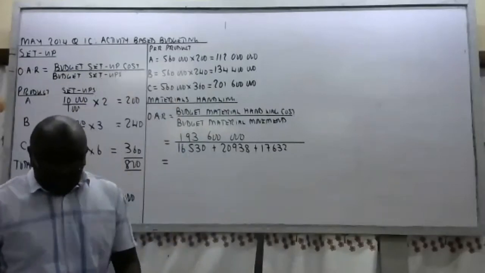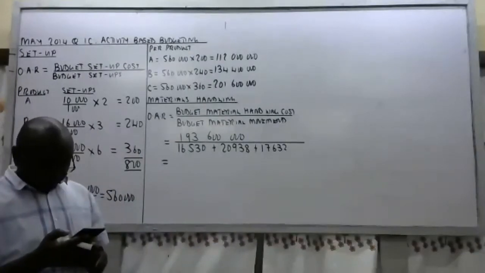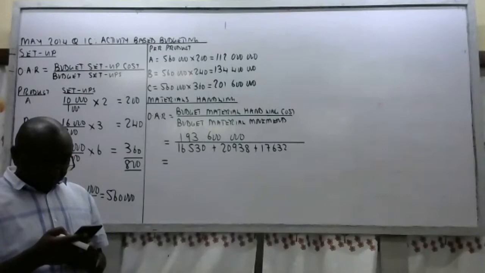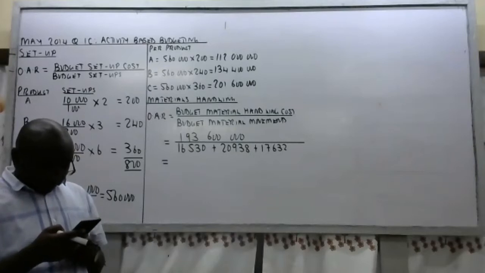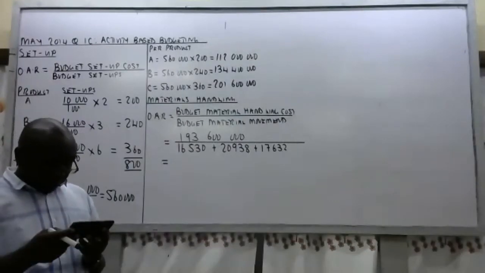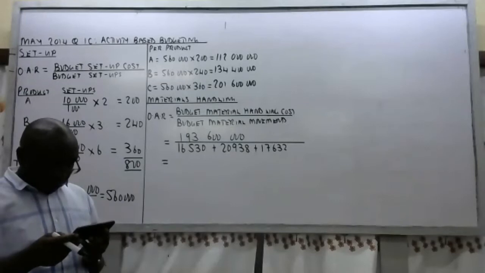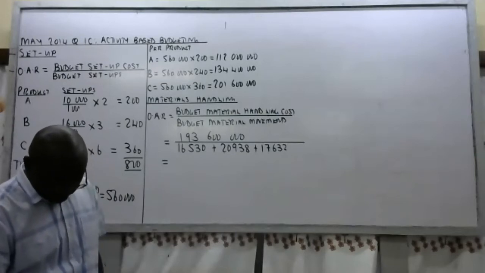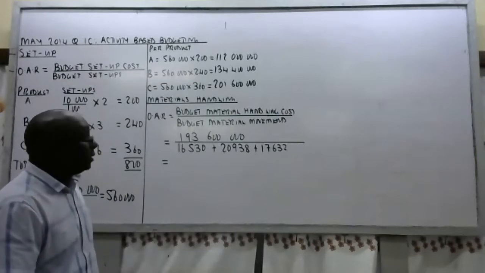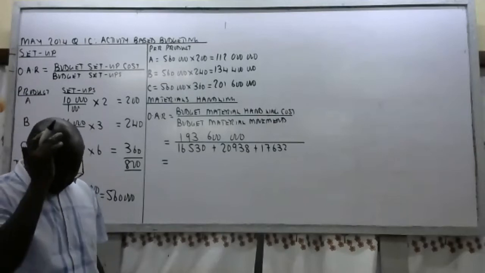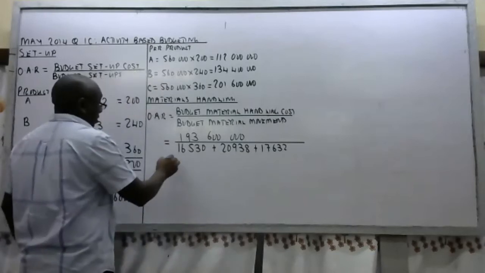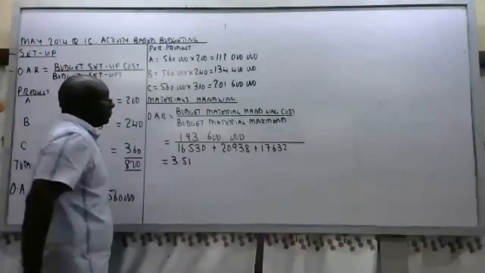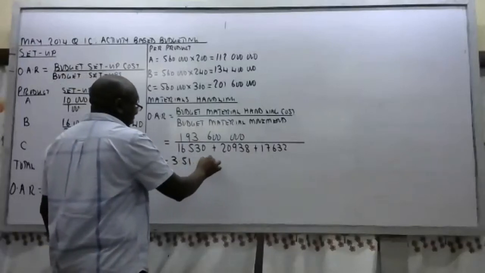So divide that and let me know the answer. Yeah, I can see 3.51 from June. $3.51. And remember, this is per movement.